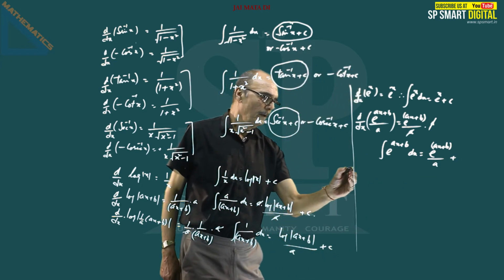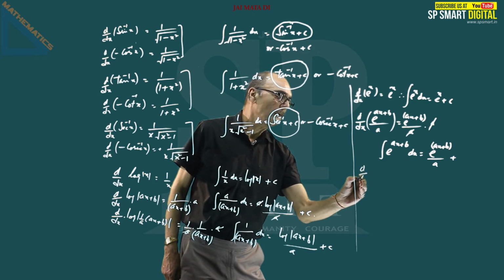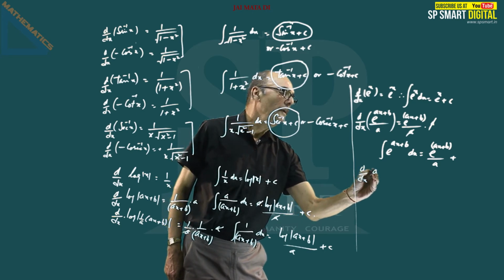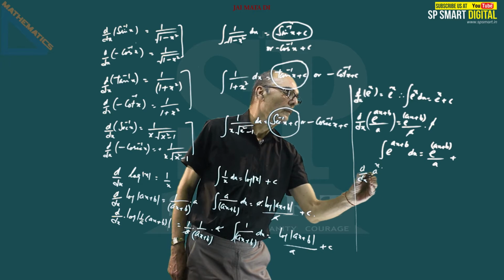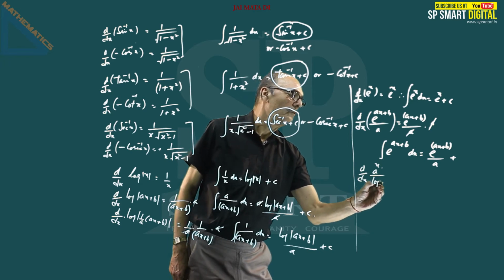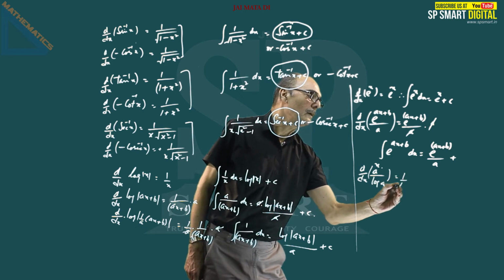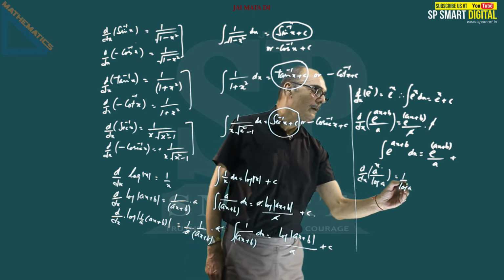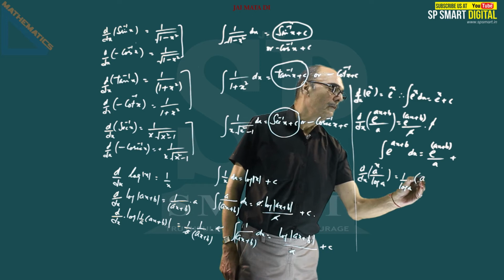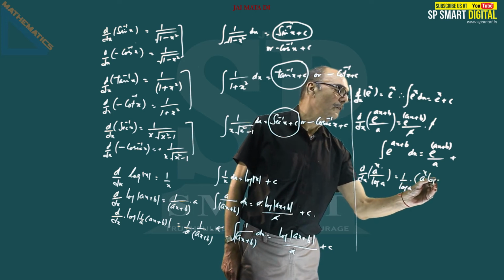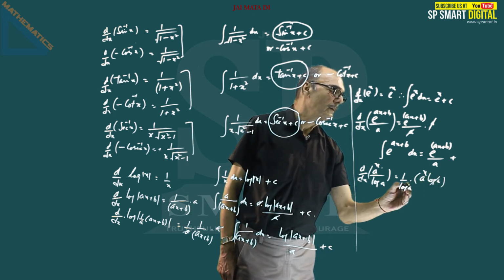and then d upon dx of a raised to power x divided by log of a. So, this is 1 by log of a into derivative a raised to power x log of a. This gets cancelled.